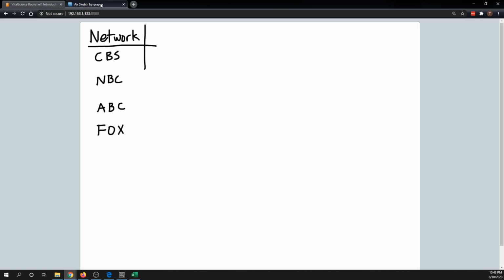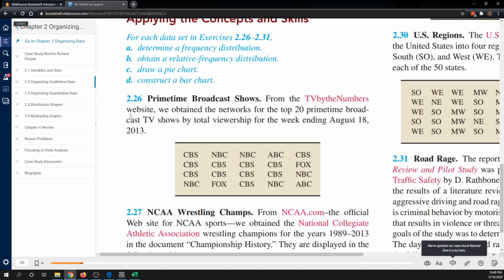So I've got those values listed here. Hopefully this looks all right. That looks fine. It's going to be a little bit hard for me to count this up, so it's going to be a little bit awkward doing it like this.